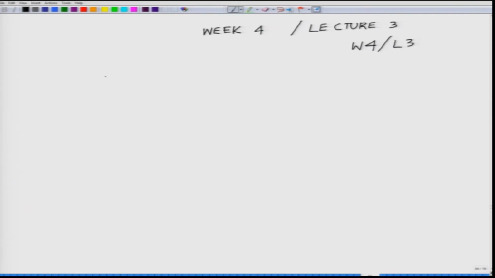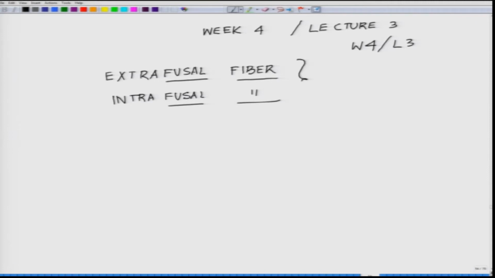Keep these two words in mind, extrafusal fiber and intrafusal fiber. Whatever I underline is the common thing; the rest is these two different aspects, extra and intra.